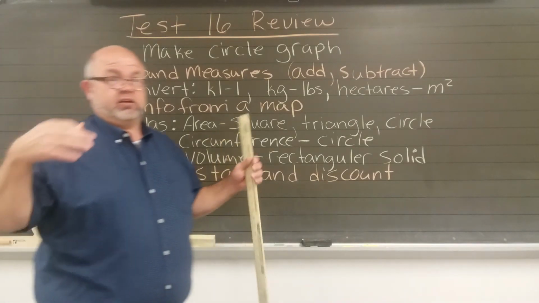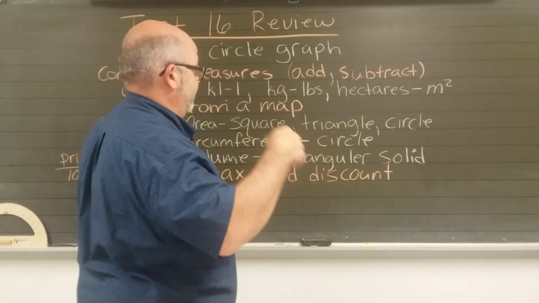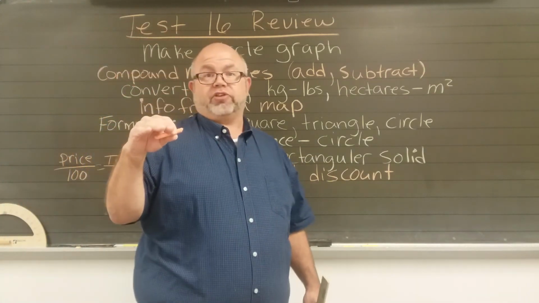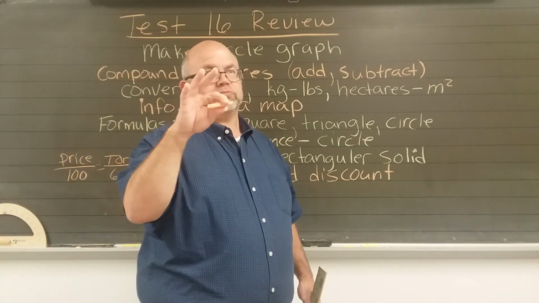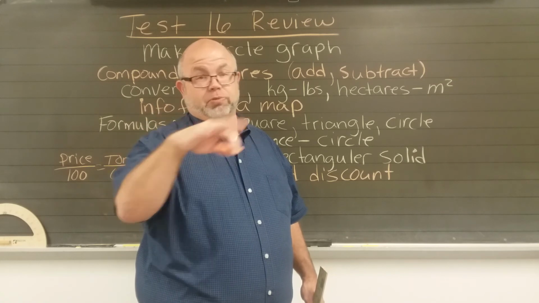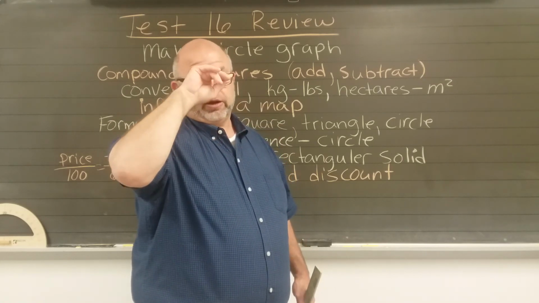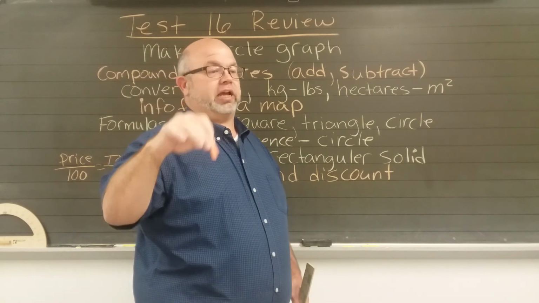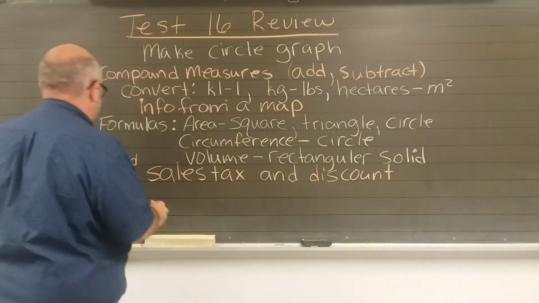It will say, give the amount that the tax is, give the amount that the discount is. Remember, you need to round those off. If you do it right, you'll have a decimal, like a 3-place or a 4-place decimal. Once you divide it by 100, round that off to the nearest cent, to the nearest hundredths place, and then that is either your tax or your discount.